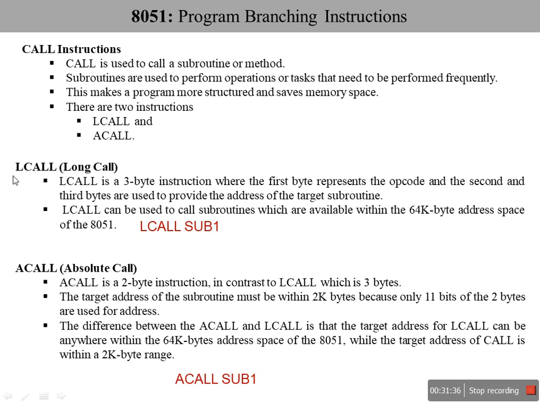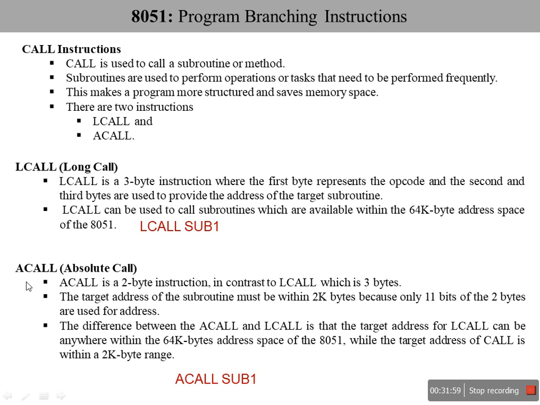Then we have LCALL. LCALL is a 3-byte instruction. The first byte represents the opcode and the second and third bytes are used to provide the address of the target subroutine. Here, LCALL subroutine 1, where subroutine 1 is the address of the subroutine in which you have written your task or operation.